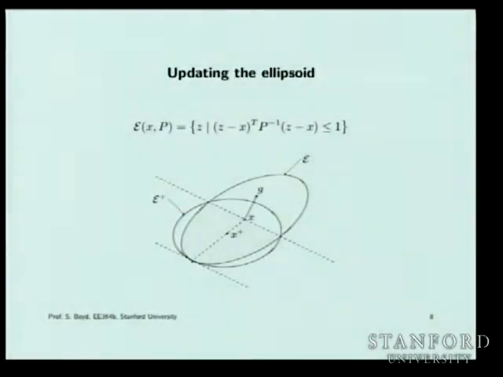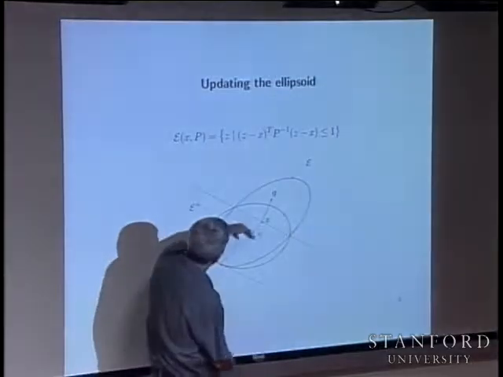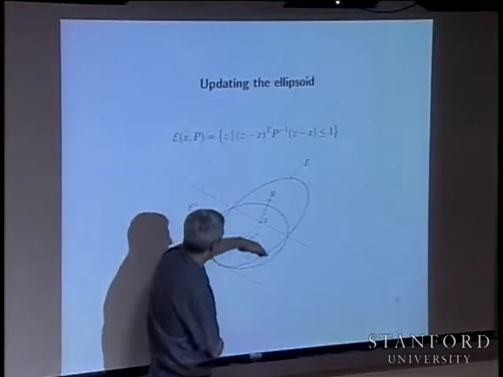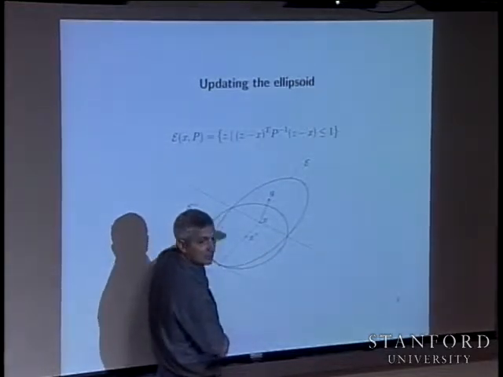So now let's talk about how you update an ellipsoid to cover half an ellipsoid. By the way, this is the formula for a neutral cut. So this is how you cover a half ellipsoid with a minimum volume ellipsoid. We also do deep cuts, and in deep cuts you have to ask how do you cover a cap, not a half ellipsoid, but something where you cut a fraction off, by a minimum volume ellipsoid.